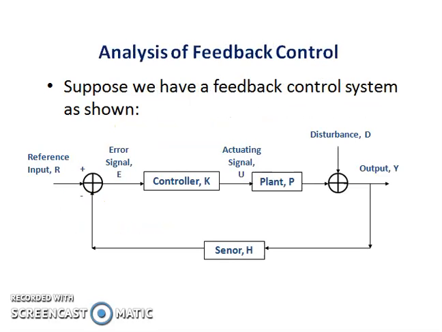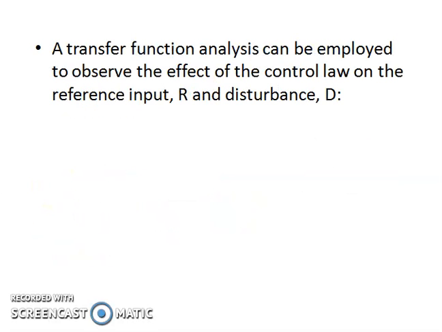Now, suppose we have a feedback control system with a disturbance input introduced here. We can analyze the system using transfer function analysis and observe the effect of the control law on the reference input and the disturbance.